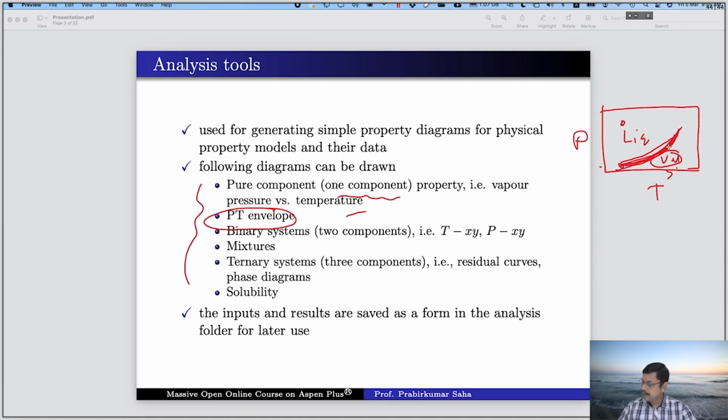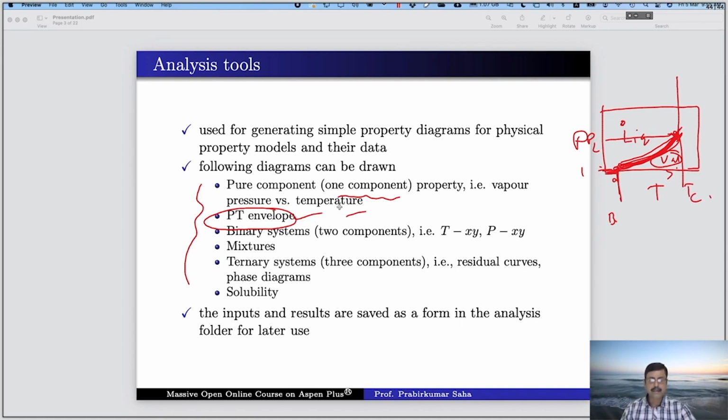So this is the boiling point line, and we will have the minimum over here. This is the boiling point at 1 atmosphere, and we will have a critical point. So the graph will end somewhere at the critical point, which will be critical pressure and critical temperature. So this is called PT envelope.